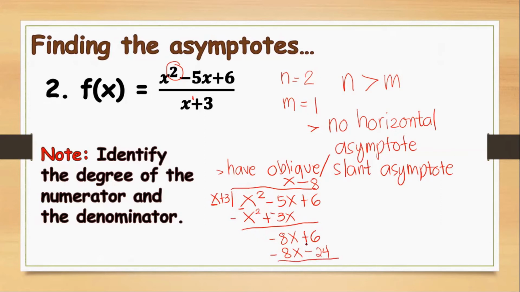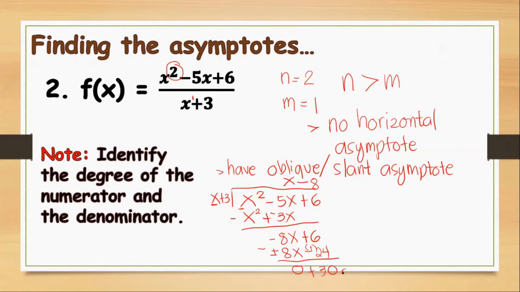If we subtract them, negative 8x minus negative 8x is equal to 0, and positive 6 minus negative 24. The negative becomes positive, so you have to add them. So 6 plus 24, we have positive 30.